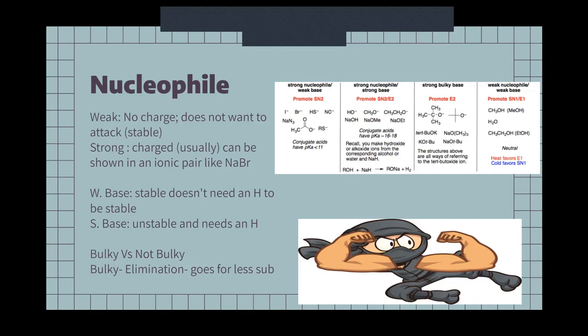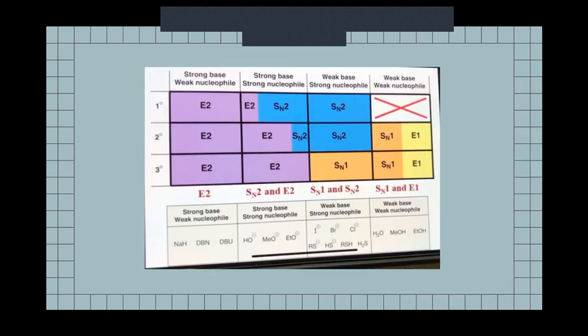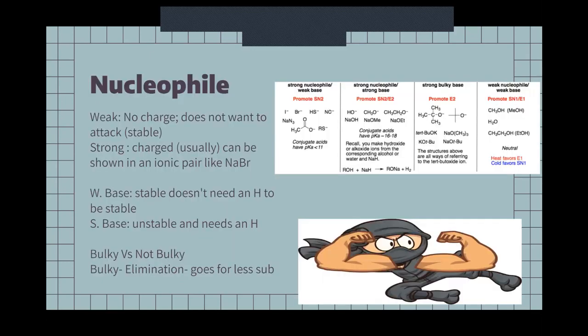So if it could take an H that's easier to access, with less steric hindrance, where the big ninja could fit through, then it would much rather take that H. It would much rather go for the less substituted carbon with an H that's anti, especially in E2 reactions. So that's how bulky promotes E2, like it says here, and it prefers the less substituted side.